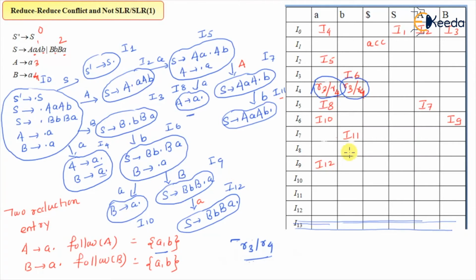Next, let's fill the table. I8 is A derives A dot, which is entered as R3, and R3 goes in the A column and in the B column. Coming to I10, it is B derives A dot, which is also in follow of B, so the A column and B column.